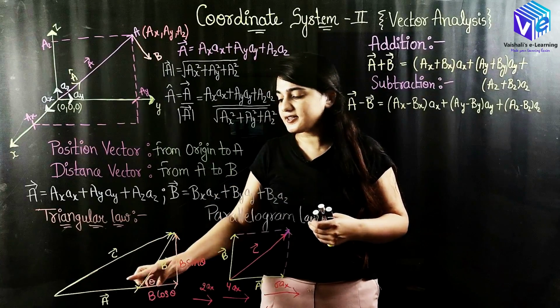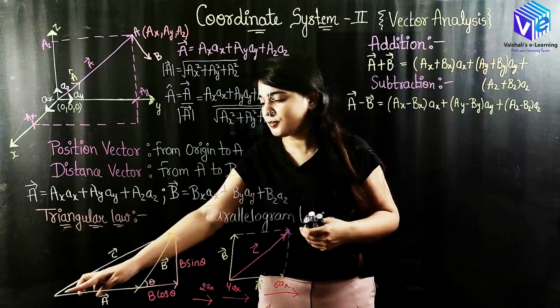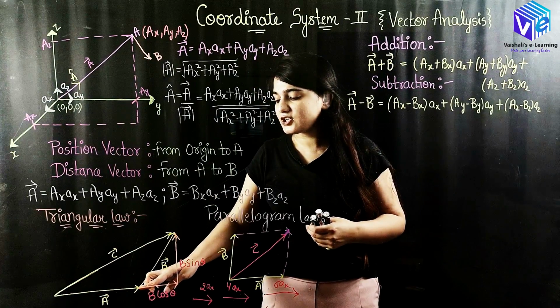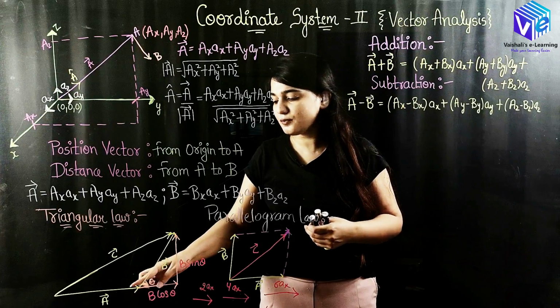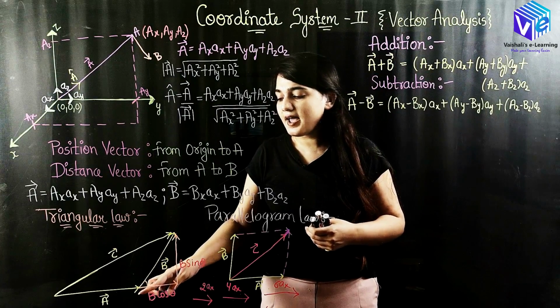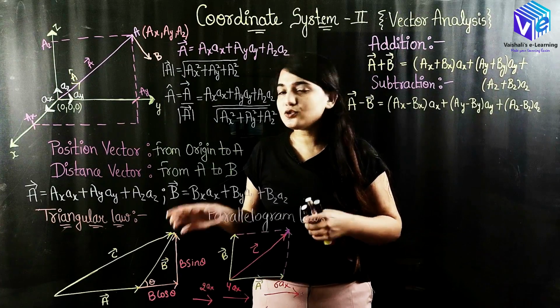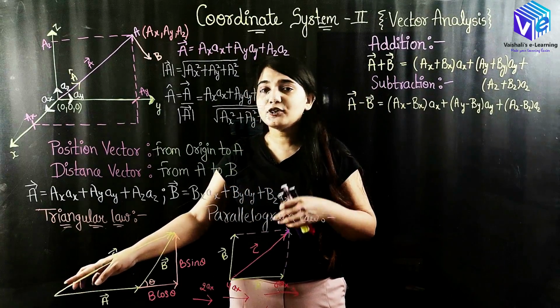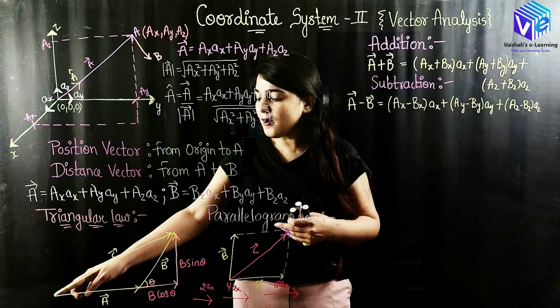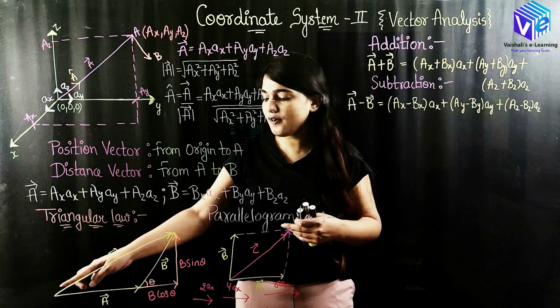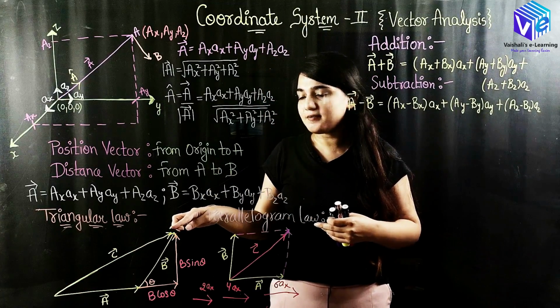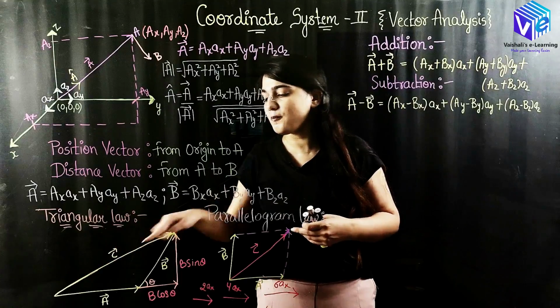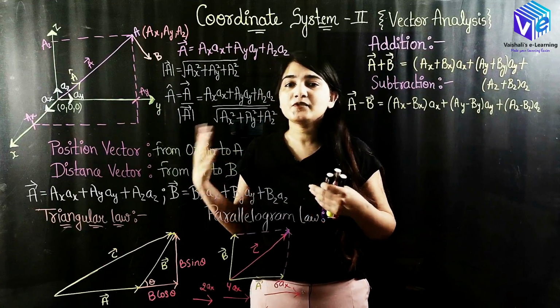The a vector is in this direction, the b vector is in this direction. Where I have the head of a, I have the tail of b. Now the vector addition is given by c, which has the opposite direction. From the tail of a I have the tail of c, and from the head of b I have the head of c. This gives me the vector addition.